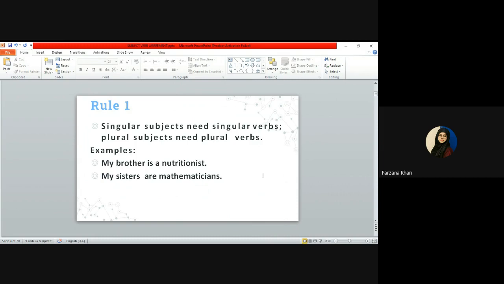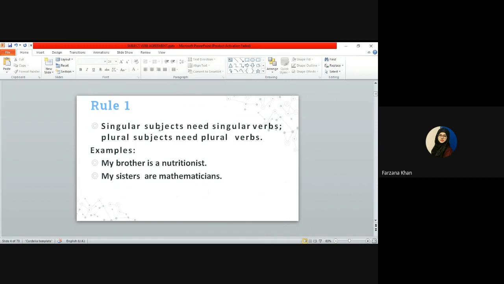The first rule, which is quite easy, is the basic principle of subject-verb agreement: singular subjects need singular verbs, plural subjects need plural verbs. Subject and verb are quite clear to all of you.